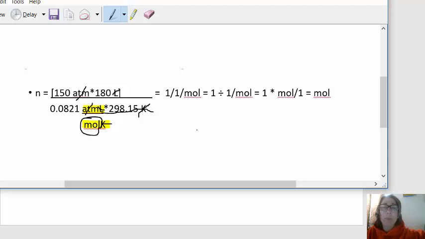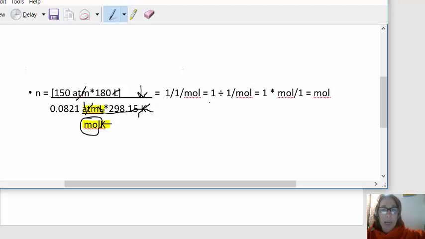If we look at our units only, our units end up being 1 in the numerator, divided by this fraction bar right here, and then 1, which is what the units in the numerator of the R value cancel out to, per mole. So 1 over 1 over mole.